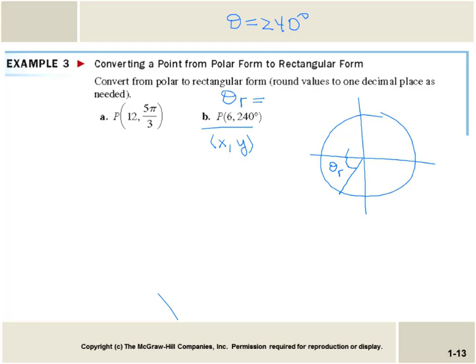That's the reference angle. 240 is that, right? This is 240. I'm asking you, what is the reference angle? The reference angle is just this part right here. Nope, that's not the reference angle. The reference angle is just this angle right here.